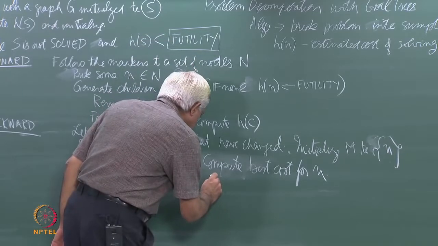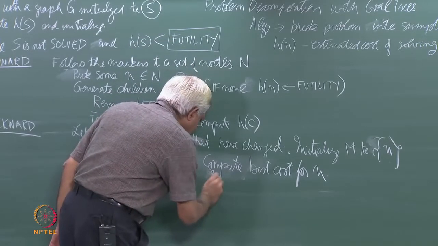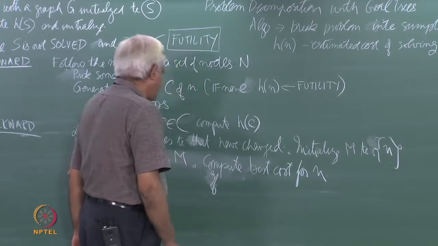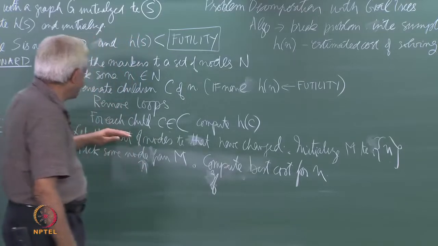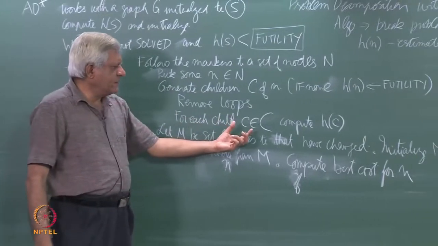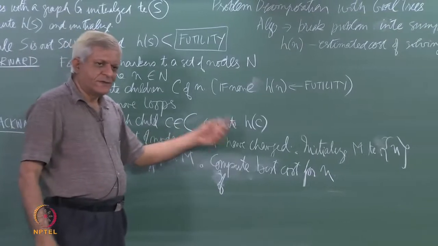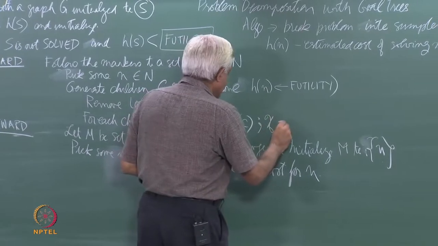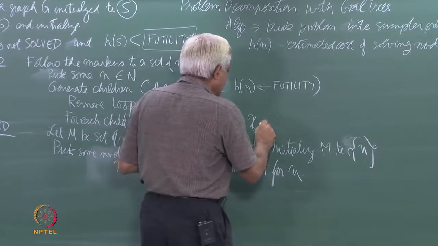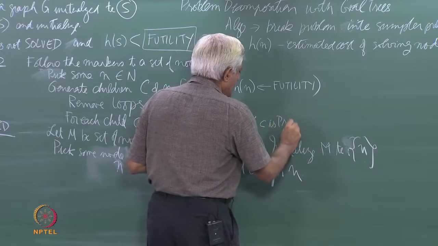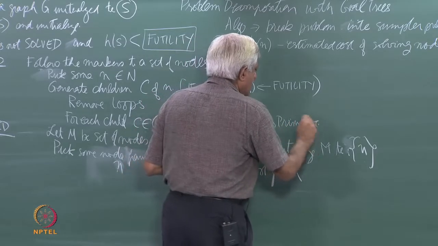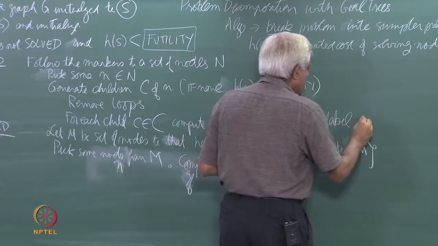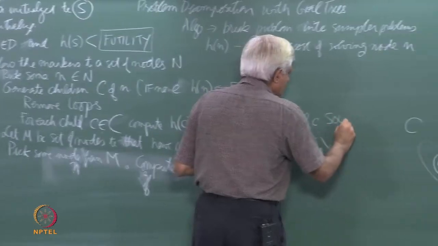if, so I must do another thing here before that. For each child C, compute h of C. I must have another step which says that if C is primitive, label C solved.